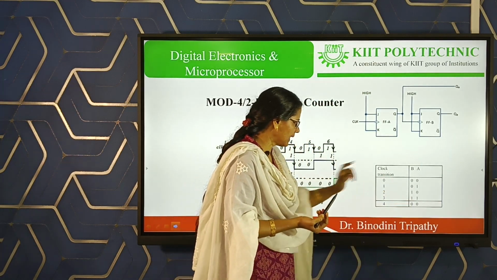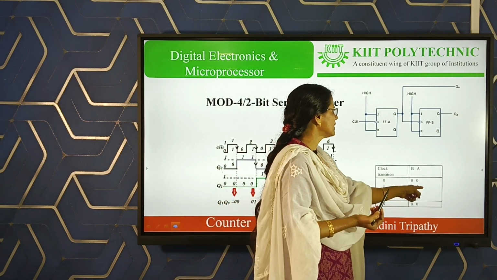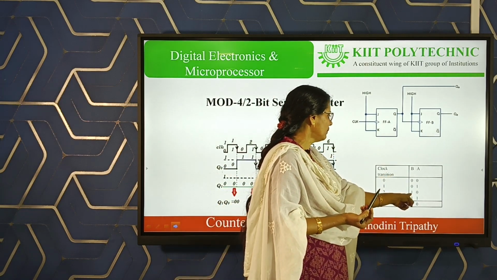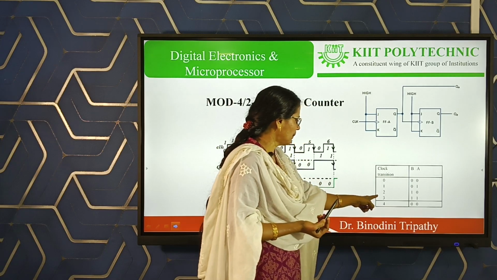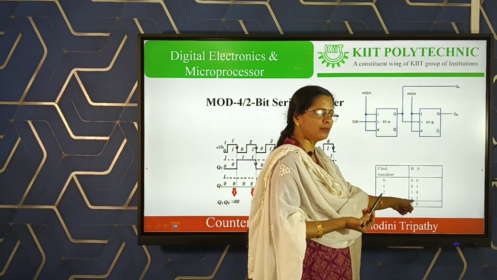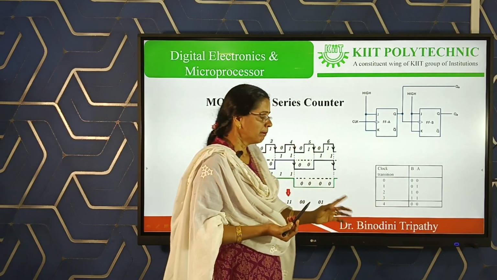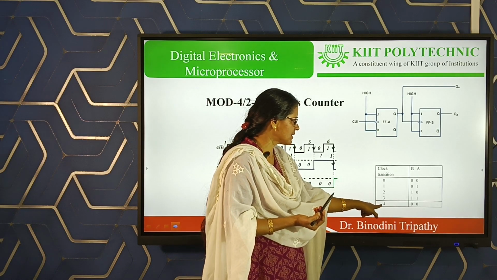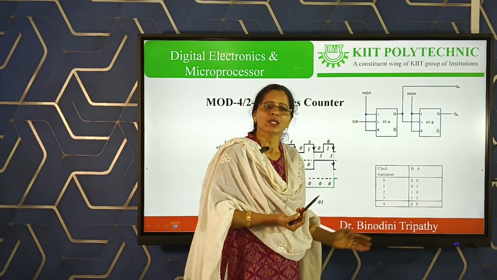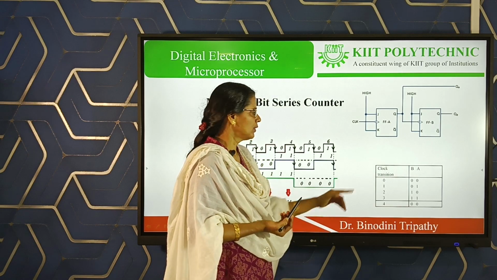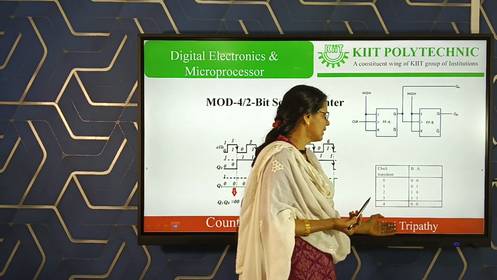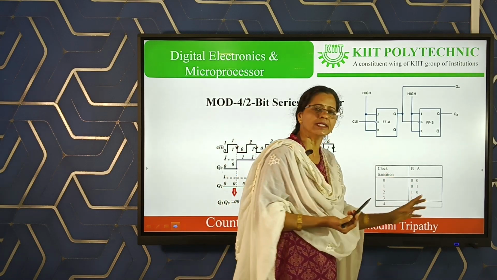Similarly, when you apply the second clock pulse, it will show 1, 0. Then when you apply the third clock pulse, the contents of your flip-flops will be 1, 1. But when you apply the fourth clock pulse, again you are getting 0, 0. When you apply the fifth clock pulse, you again start counting from 0, 1. Then that process will repeat.